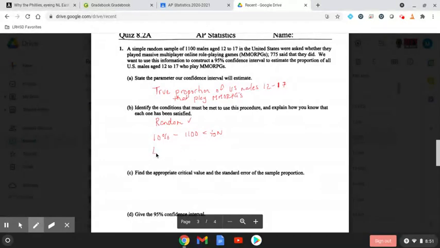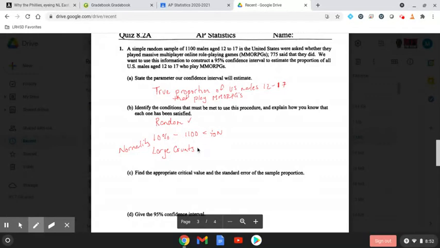And then finally, the large counts condition, right? So not so much memorizing large counts. I would more so focus on this third condition, speaking to normality, because once we do means, this name will change.